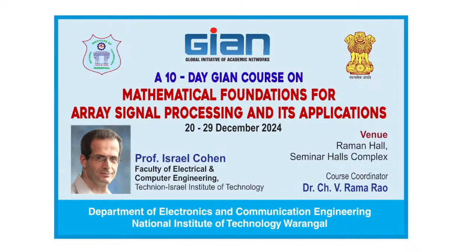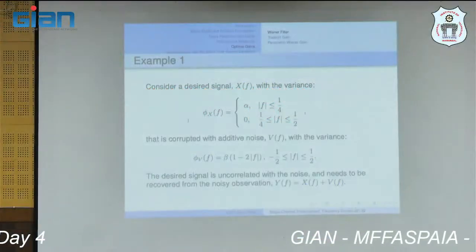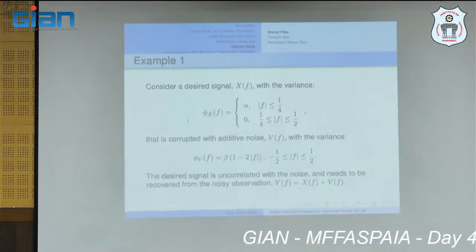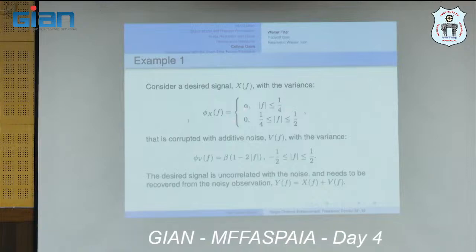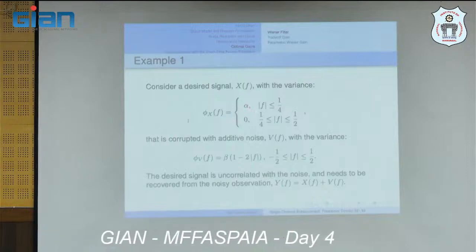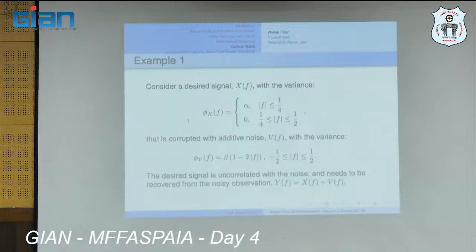Intuition behind it. So suppose that we have this kind of signal. Okay, so this is the variance of the signal in the Fourier transform domain, which means that this is actually the spectrum of the signal. Suppose that the spectrum of the signal is constant for frequencies smaller than quarter, and then 0 otherwise.